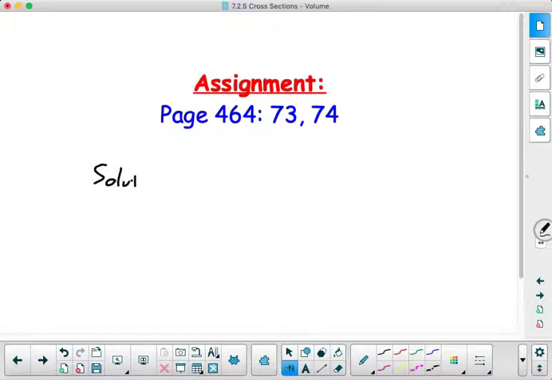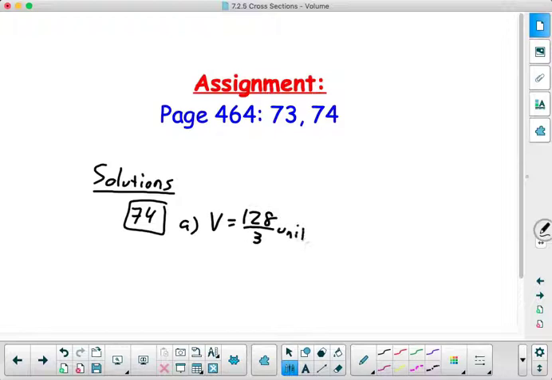Solutions here. 73 is in the book, but 74, if you want to jot this down, I'll write these down. Part A on 74, you're shooting for a volume of 128/3. So see if you can come up with that answer. Part B, a volume of 32 square roots of 3/2. I think that's the equilateral triangle one.